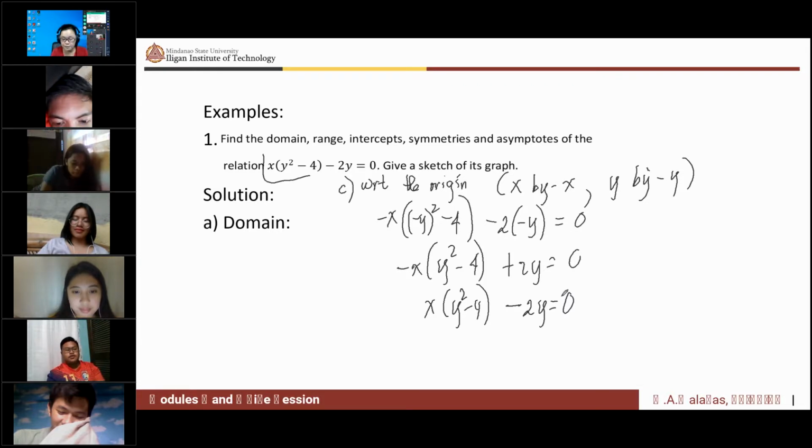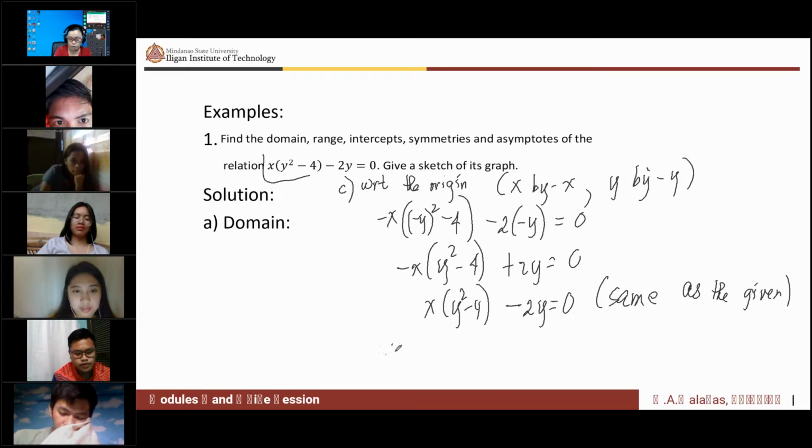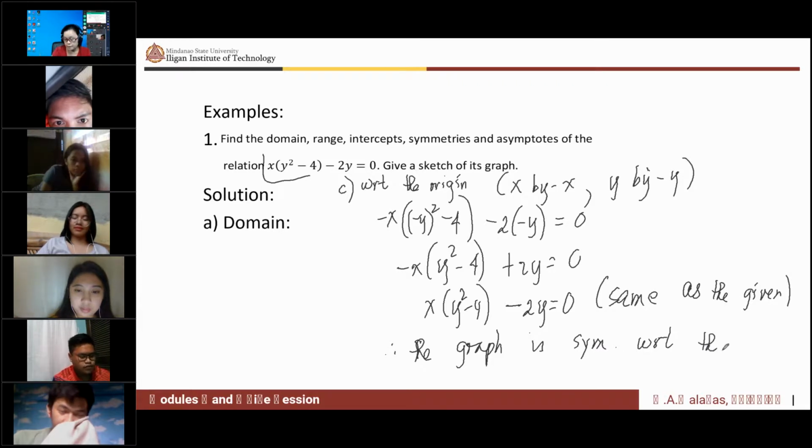So we have the same as the given, right? So therefore, the graph is symmetric with respect to the origin.